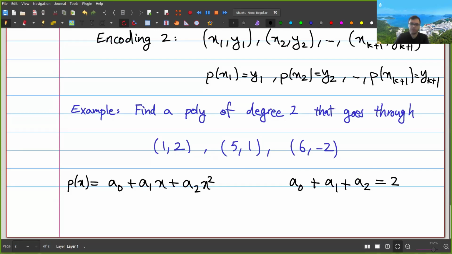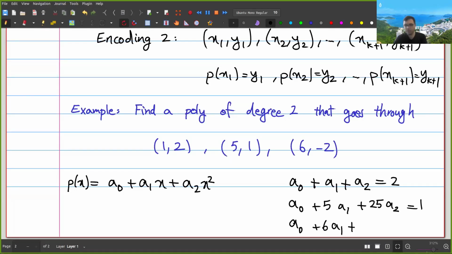I know that P of 5 is 1. What is P of 5? It's a0 plus 5a1 plus 25a2, and this is 1. And I know that P of 6 is minus 2, so I have a0 plus 6a1 plus 36a2 is minus 2.